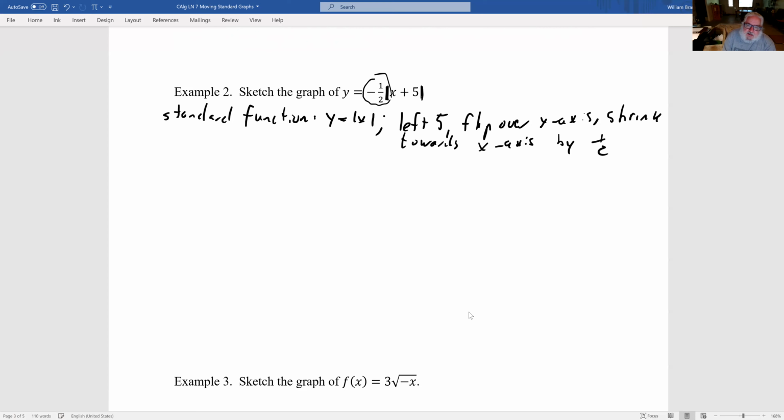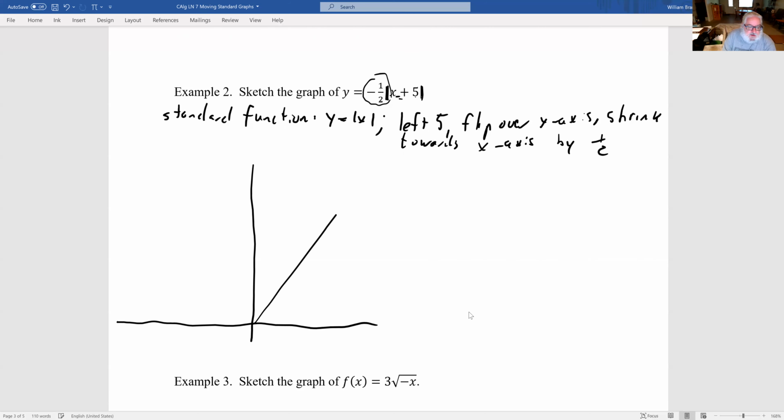So inside moves you left or right, outside moves you vertically. So we'll start. Actually, if we're moving left 5, I shouldn't have put my y-axis there, but that's okay.